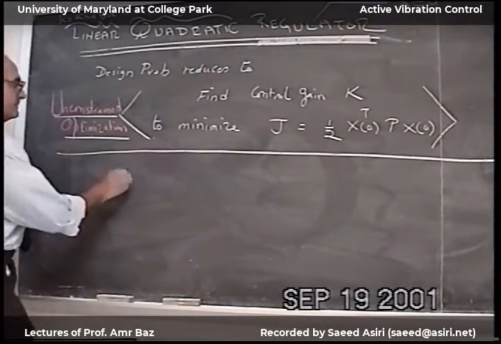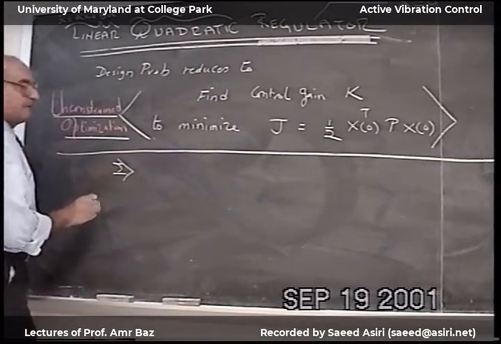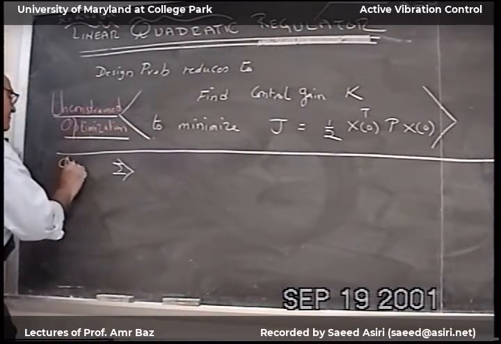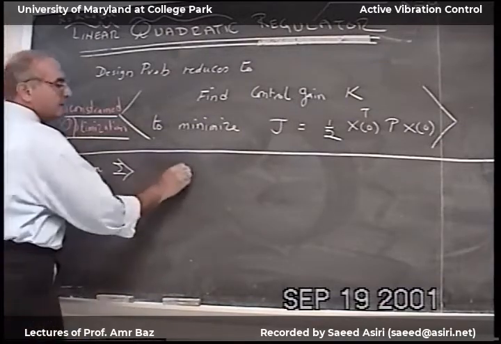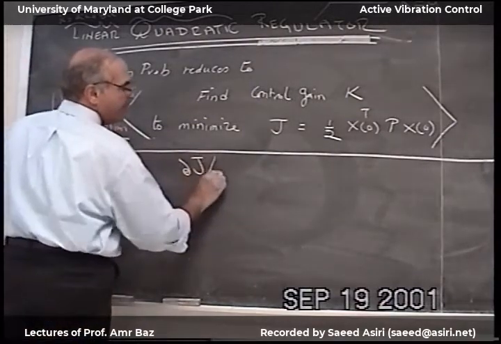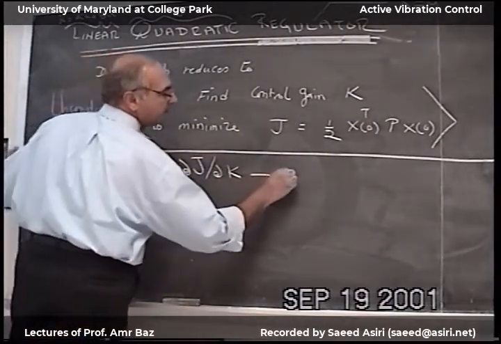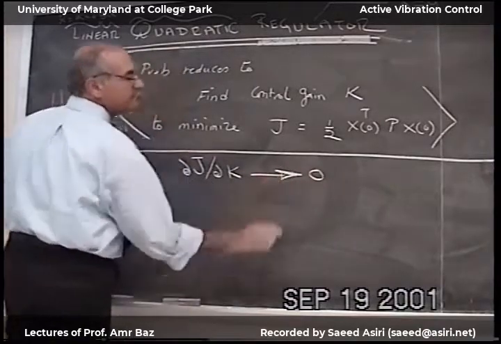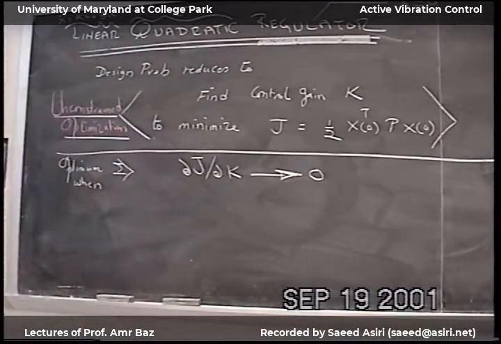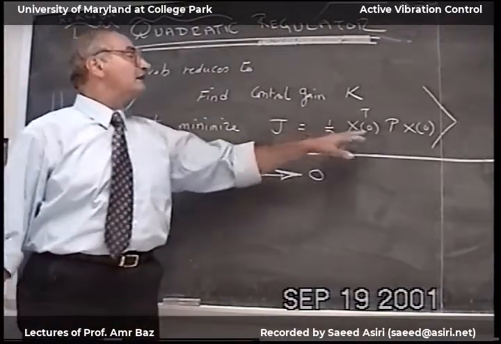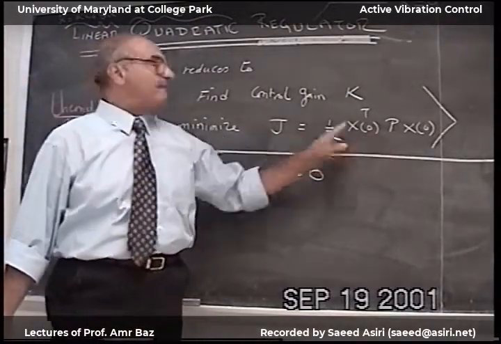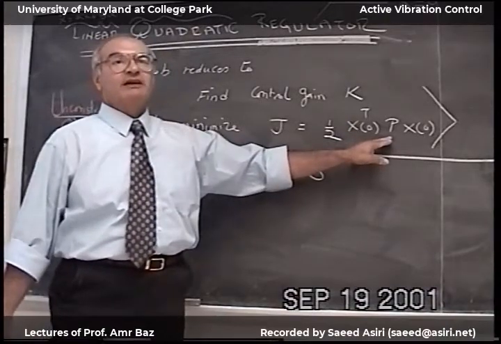So now J has the optimum when its derivative goes to 0. But in this formulation, it looks like J does not depend on K. J depends only on P. Okay?